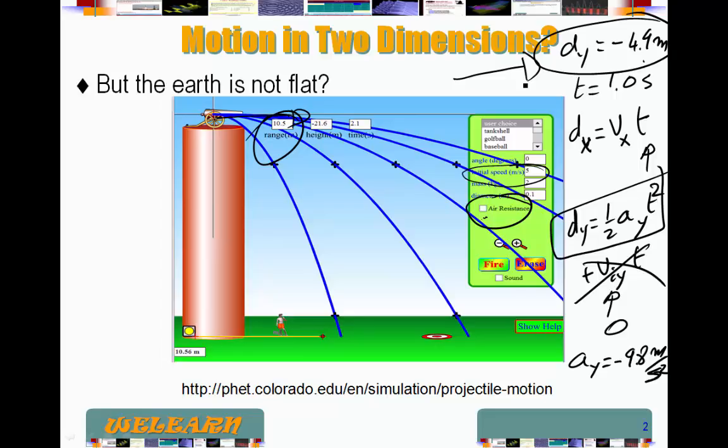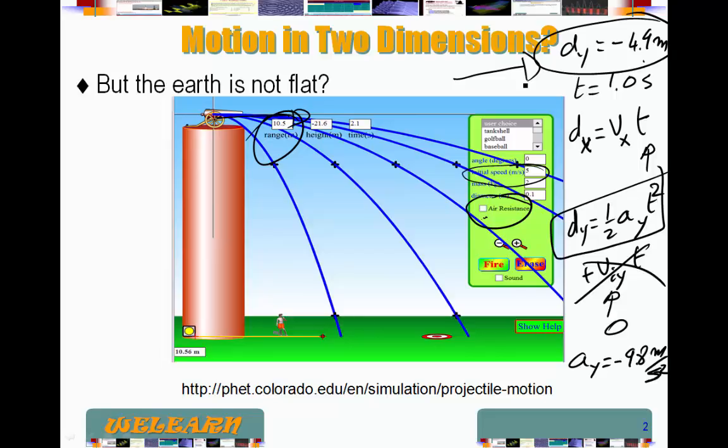Now, that vertical displacement is going to be the same no matter what the initial horizontal velocity is. If it is small or large, my vertical displacement is going to still be minus 4.9 meters for that second.